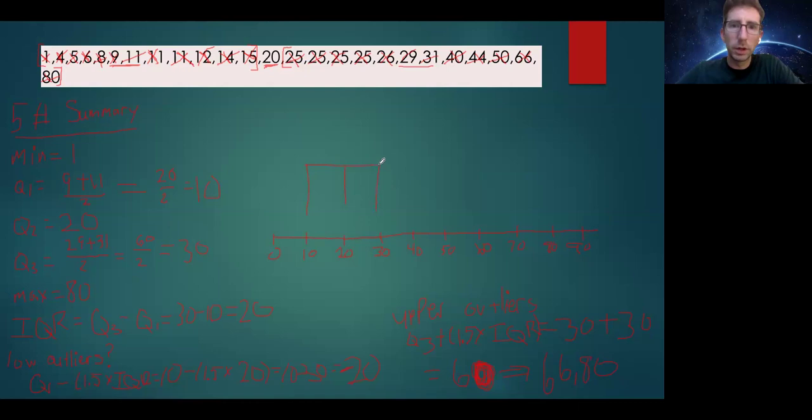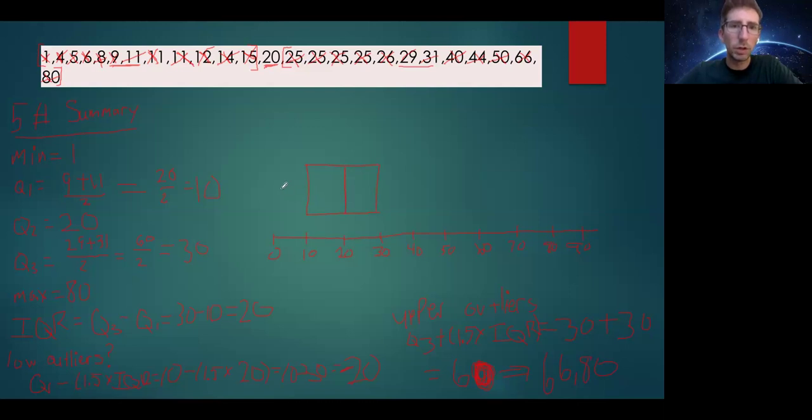So this makes our box. And then remember, inside of our box, we want to show what our median or our Q2 is. Our Q2, which is our median, is actually at 20, right? So there's our median.